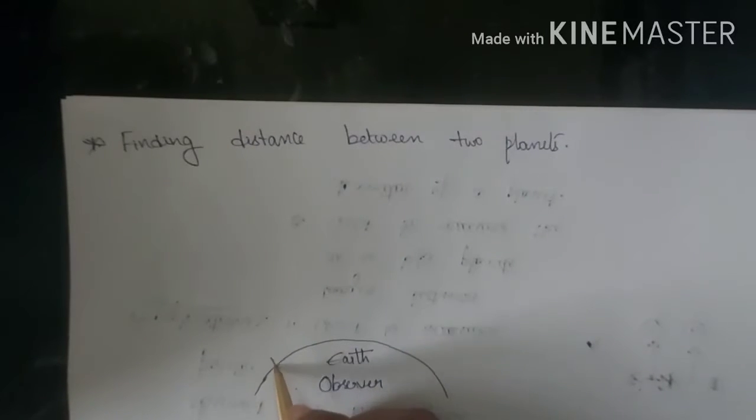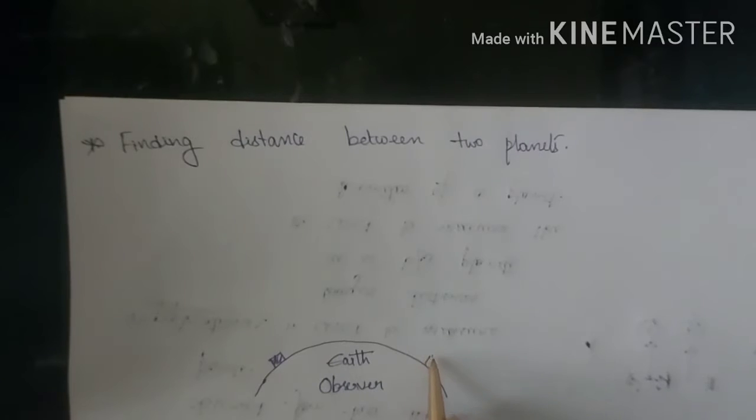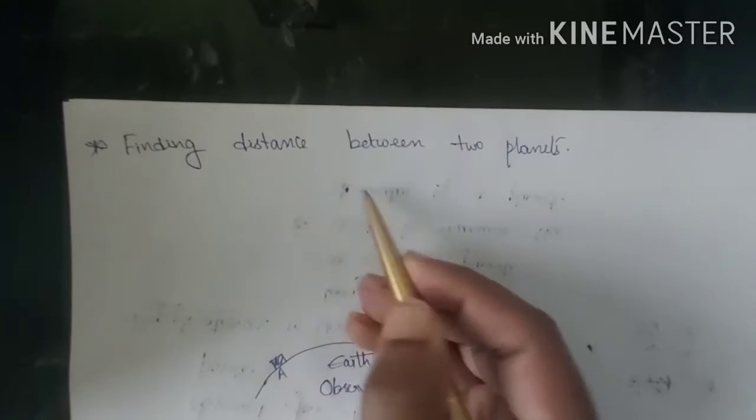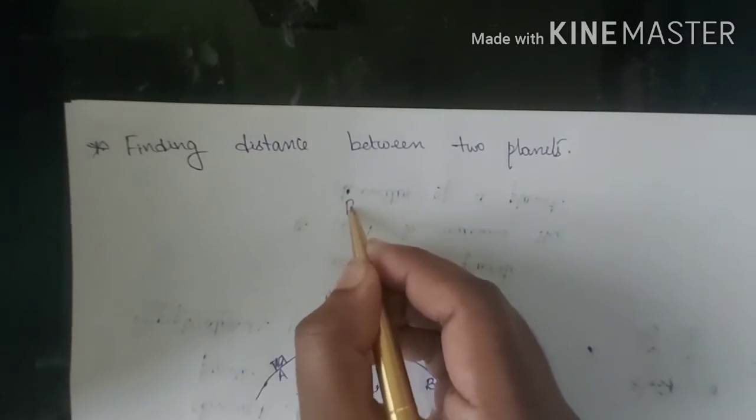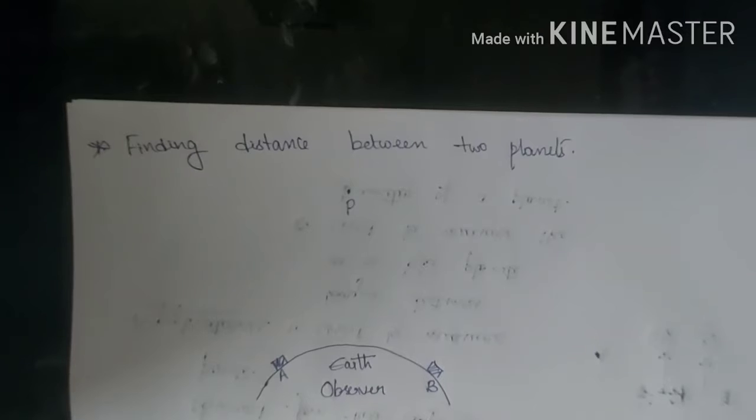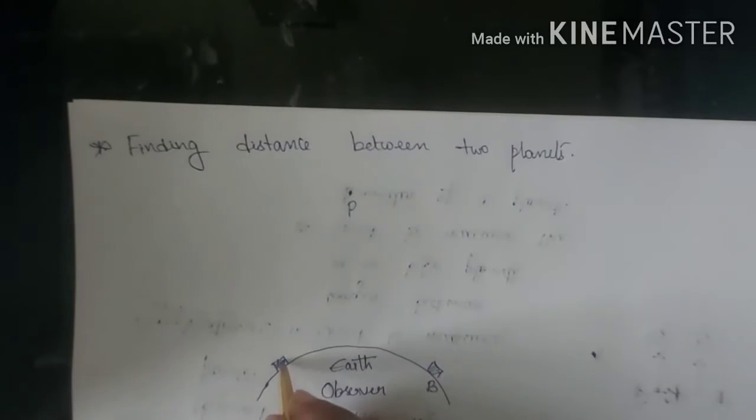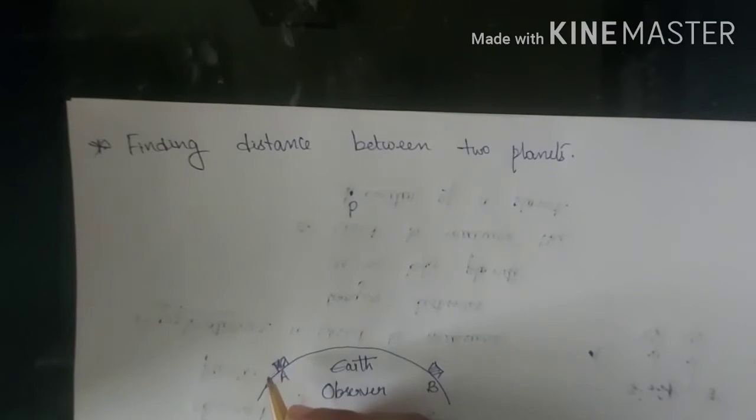Let's take two observatories, A and B, where you have telescopes to measure distant objects. Now this point is your planet P, whose distance from Earth you have to measure. We know that in order to measure anything, we always have some reference point.